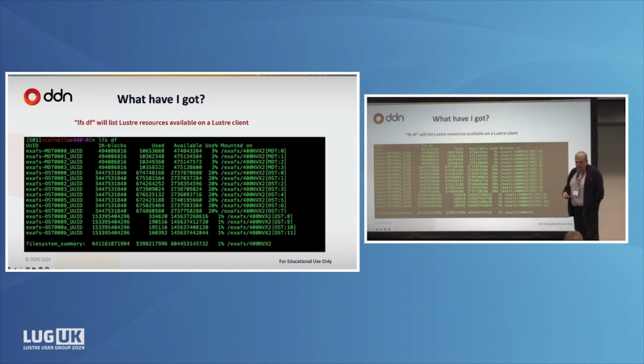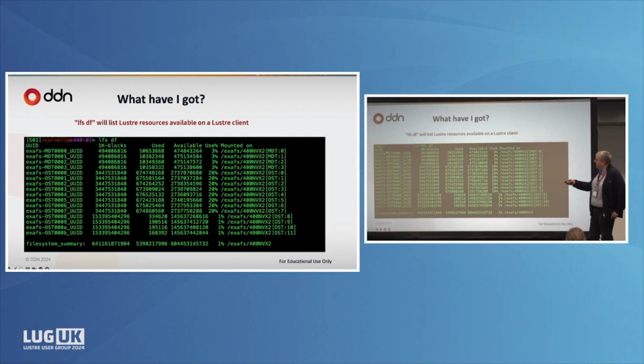You also, when you do df, you will find your usage, how much is consumed by the entire file system. But each of the OSTs has a certain capacity. So if you do lfs df, it's exactly like your df command.